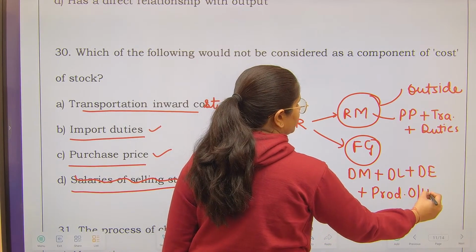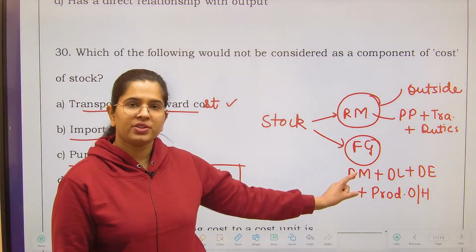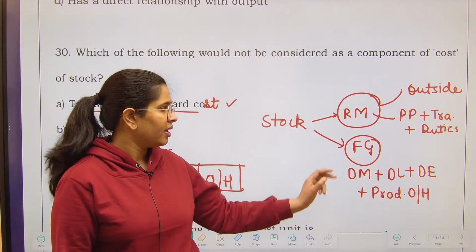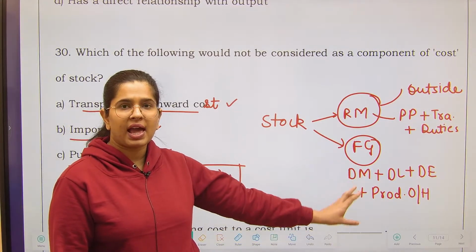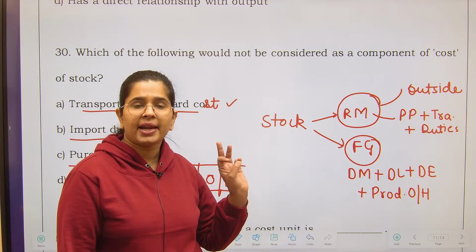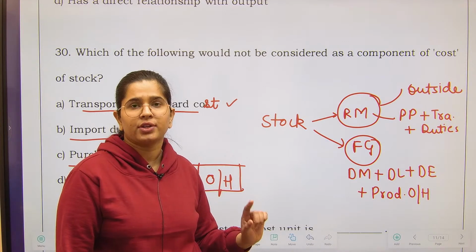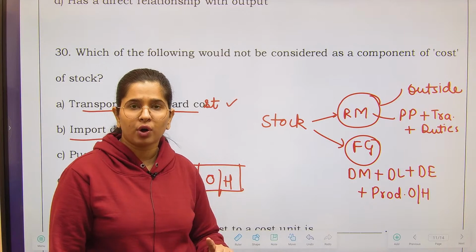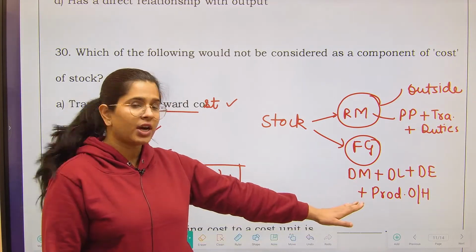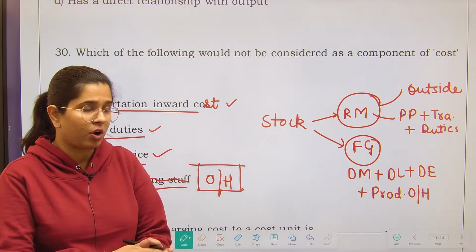Just this much. The stock which I am making in my factory, its valuation will happen like this. That means office and administration overheads, selling and distribution overheads do not form part of valuation of stock. Just production overhead, only that much forms part of your valuation of stock.